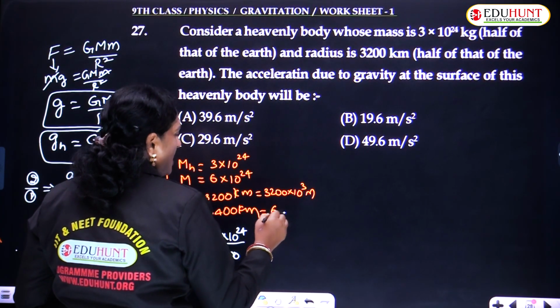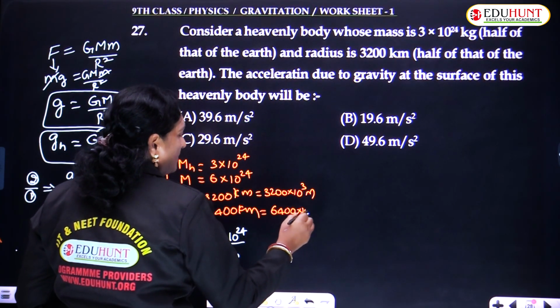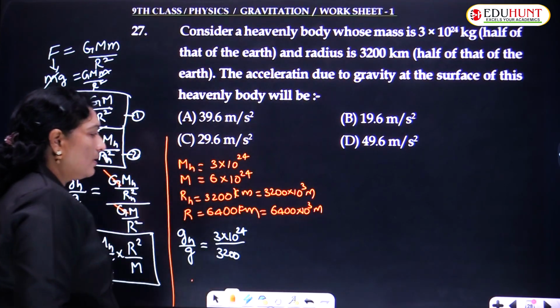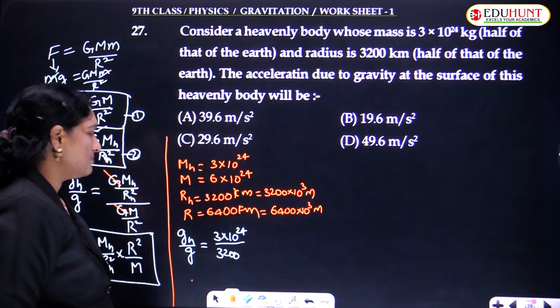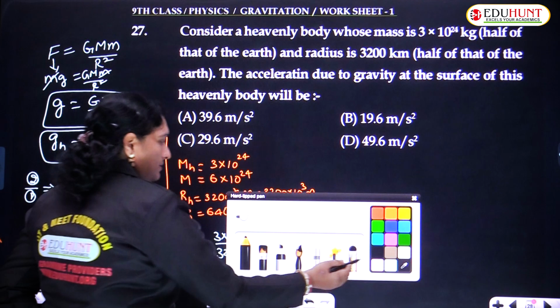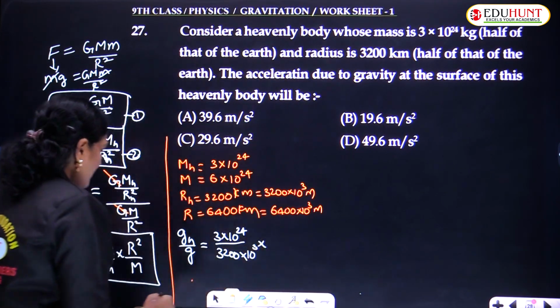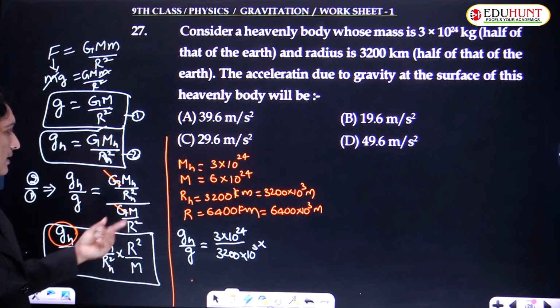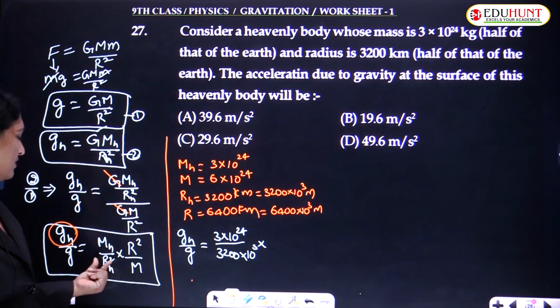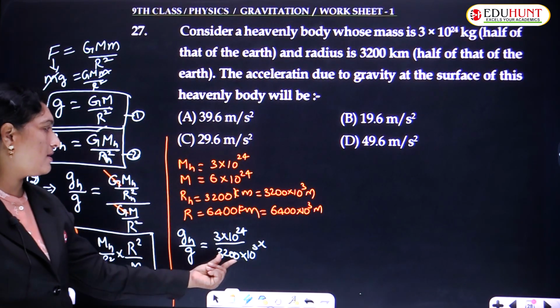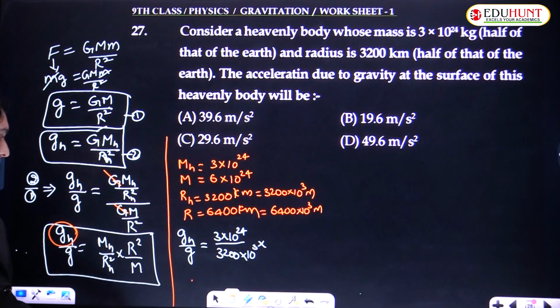This is also 6400 into 10 power 3 meters, kilometers in terms of meters. So I substituted the mass of the heavenly body as 3 into 10 power 24 and the radius of the heavenly body as 3200 into 10 power 3 meters.